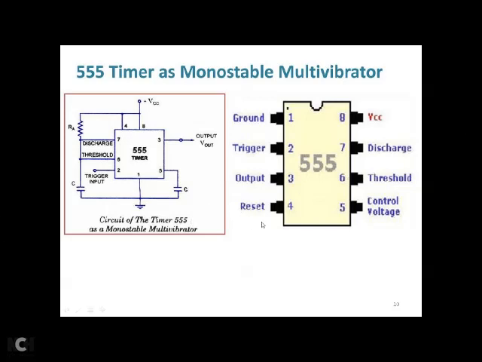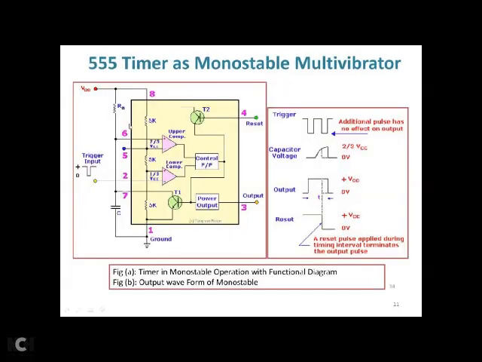This is the monostable multivibrator, considering the internal diagram of the 555 timer, which we discussed in the last lecture. This is the voltage divider network, 5 kilo ohm each, giving 2 VCC by 3 and VCC by 3 values. We have the comparator section, one flip-flop, power output, and discharge unit, right?